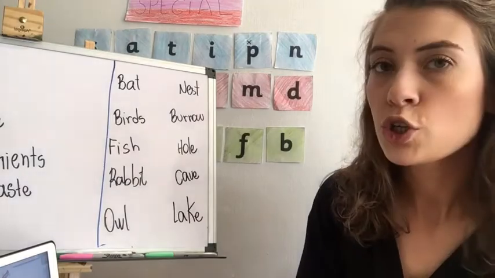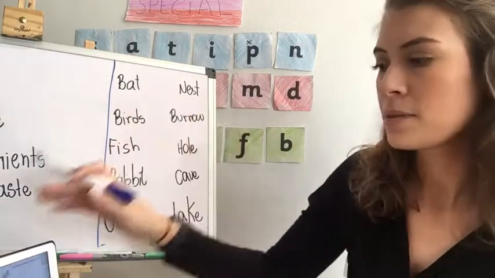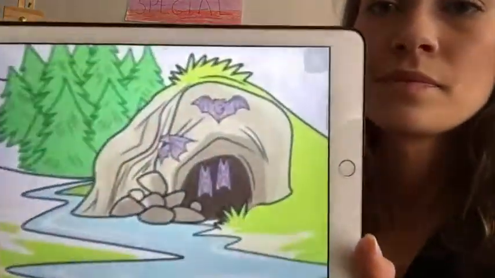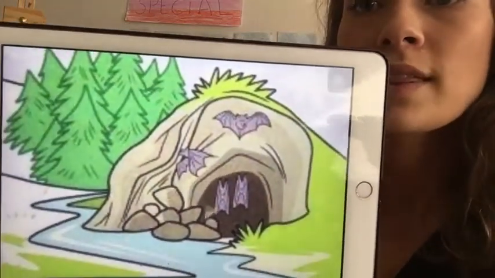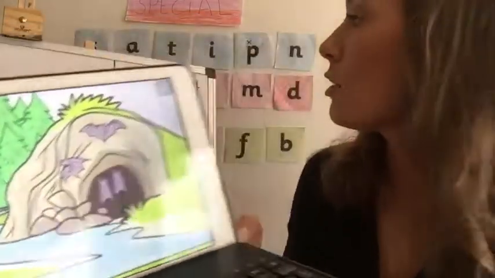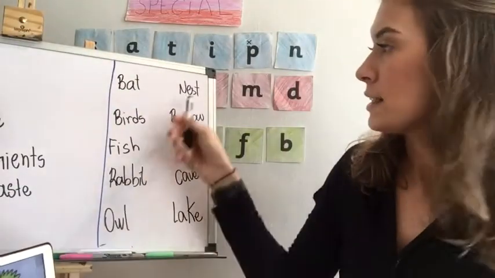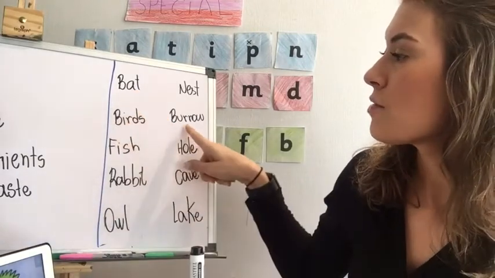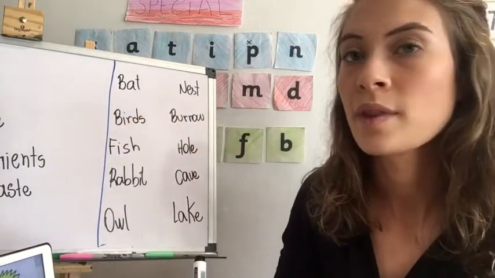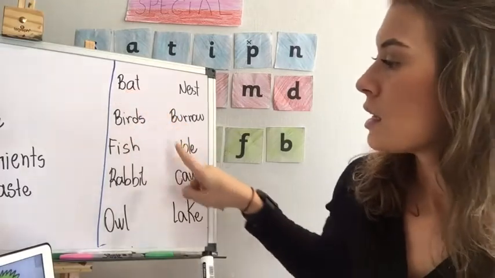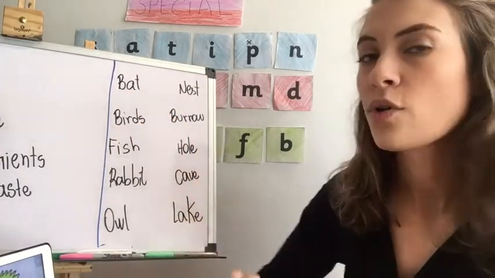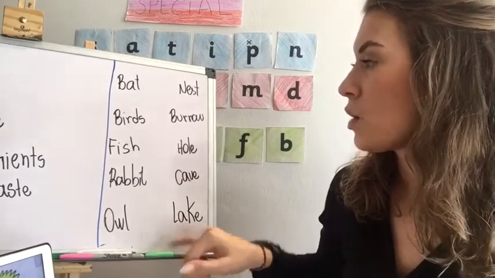For example, do you think the bat lives in a nest? Do you think the bat lives in a burrow? Do you think the bat lives in a hole, or in a cave, or in a lake? What do you think?